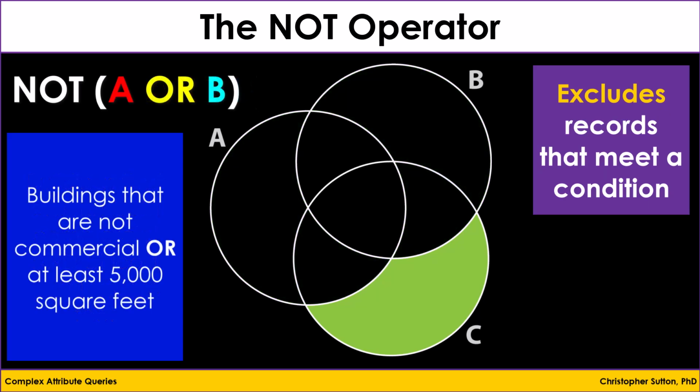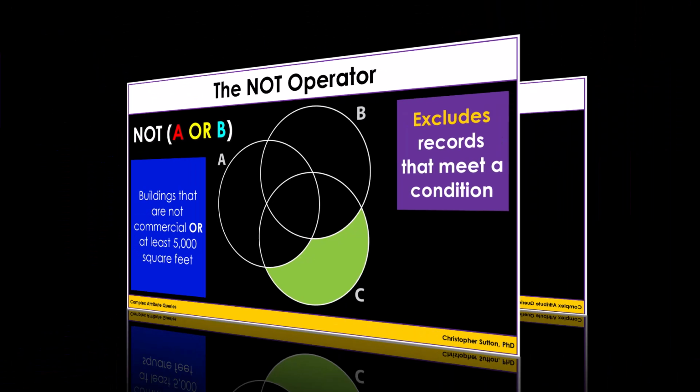If we were to say NOT, parenthesis, A OR B, in parentheses, we are saying that any structure that met either A or B is now excluded from the result. So we get only the portion of C, the buildings that have multiple stories that aren't commercial or have areas in excess of 5,000 square feet.